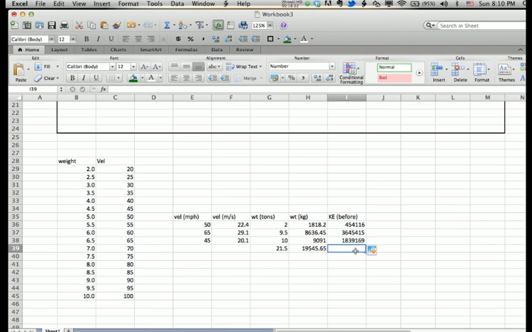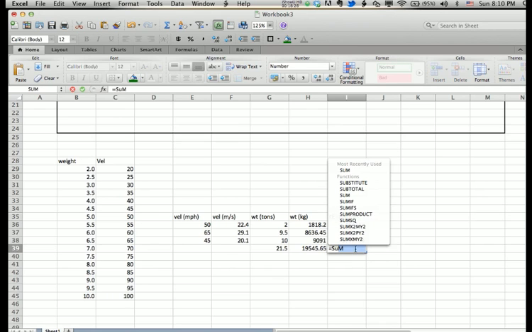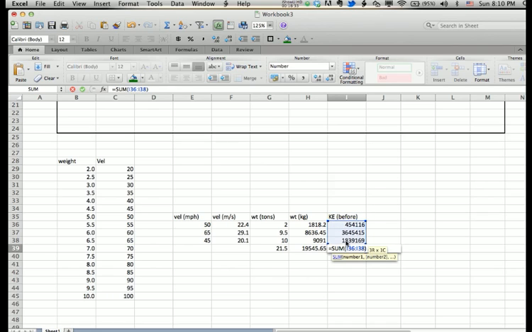Now this one here, I want my total kinetic energy, so I'm just going to do equals sum of all those. And those are all in joules.